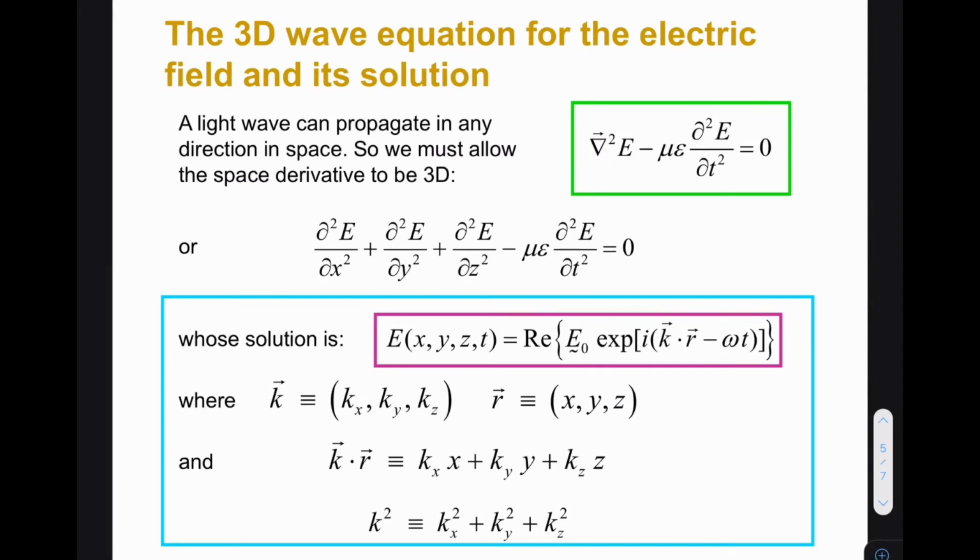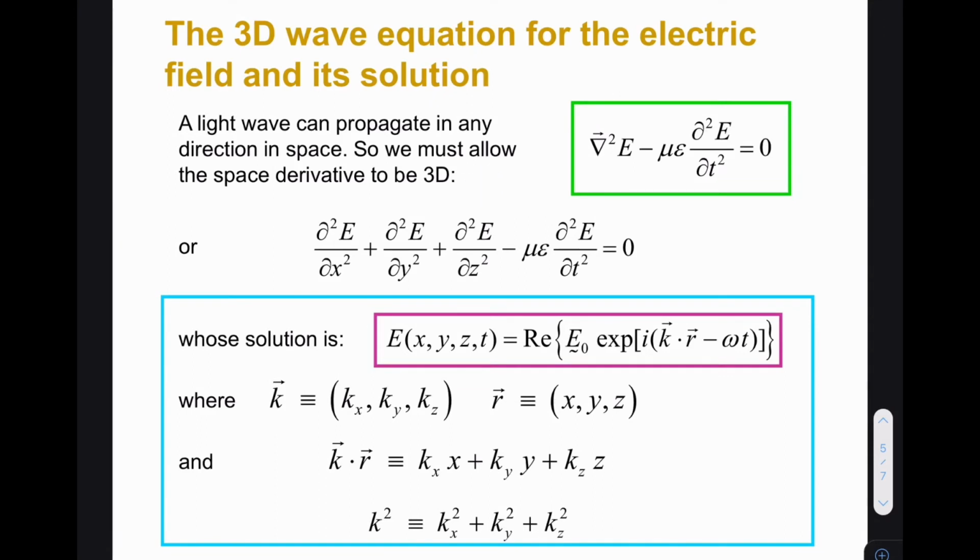And to generalize the one-dimensional wave equation to three-dimensional wave equation, we must replace the one-dimensional space derivative, which was d/dx, with the three-dimensional space derivative, which we call del.